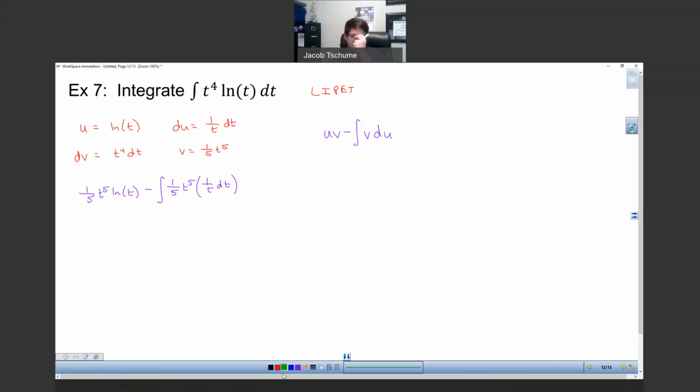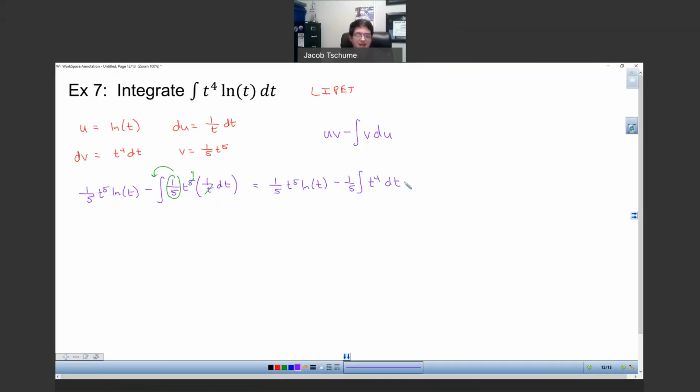Two things happen with this integral here. Number one, this t cancels one of those t's to make it t to the fourth, and this 1/5 you can just bring out in front of your integral. And this will be 1/5 t to the fifth times the natural log of t minus 1/5 times the integral of just t to the fourth dt.